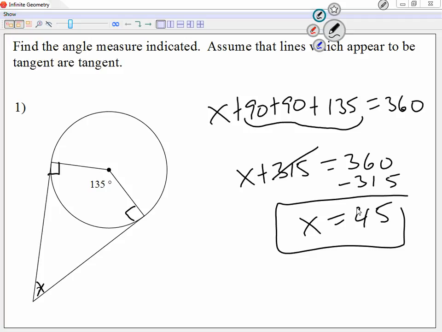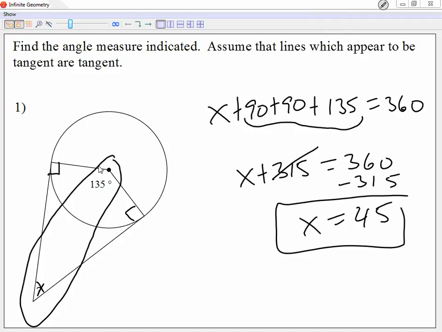There's an easier way to do this. One easier way is that I know the four angles add up to 360, and I know that the two side angles will add up to 180, because they're 90 each. So that means the remaining two angles have to add up to 180. If I stand up my kite, the top angle and the bottom angle add up to 180.